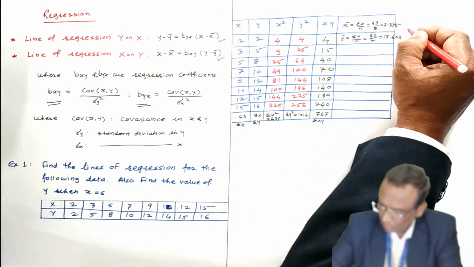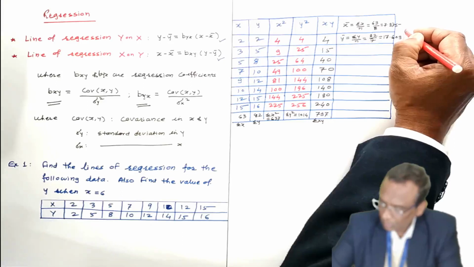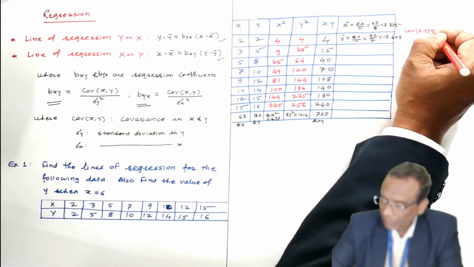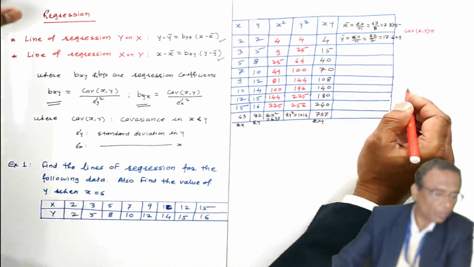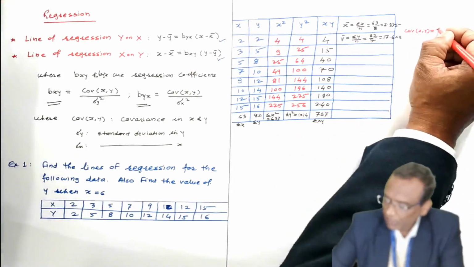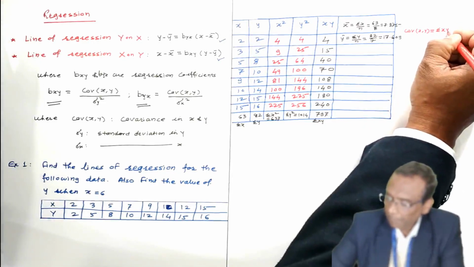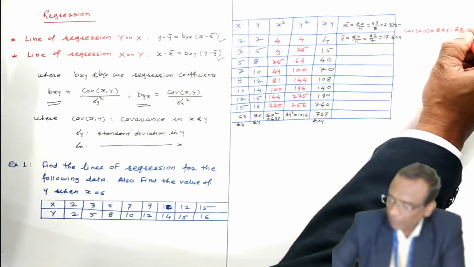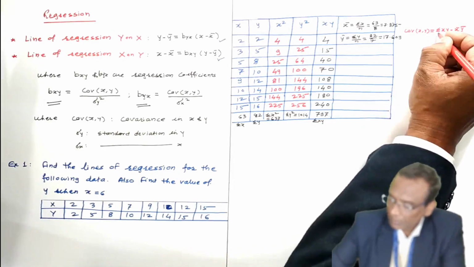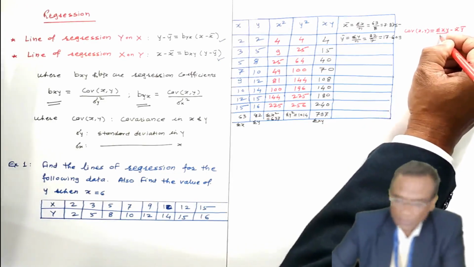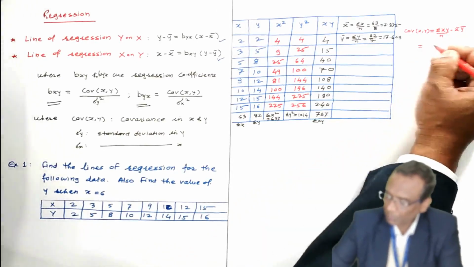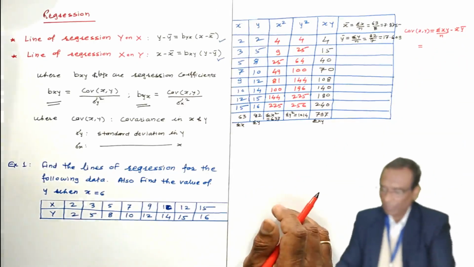Covariance of xy. The covariance of xy formula is summation xy by n minus x bar y bar. This is the covariance formula, and you have to remember it.